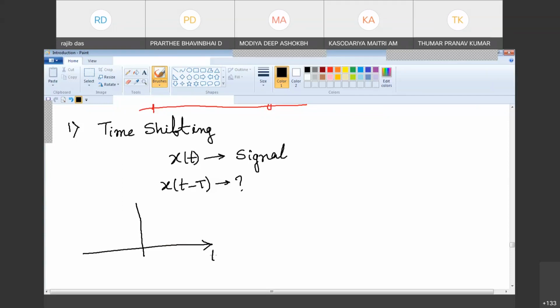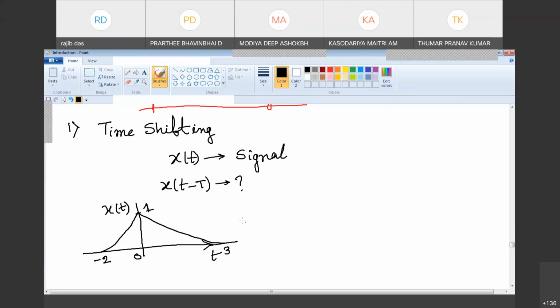This is the time axis t, this is 0. Suppose this is the signal, from -2 to +3, and the height is 1. This is your x(t).